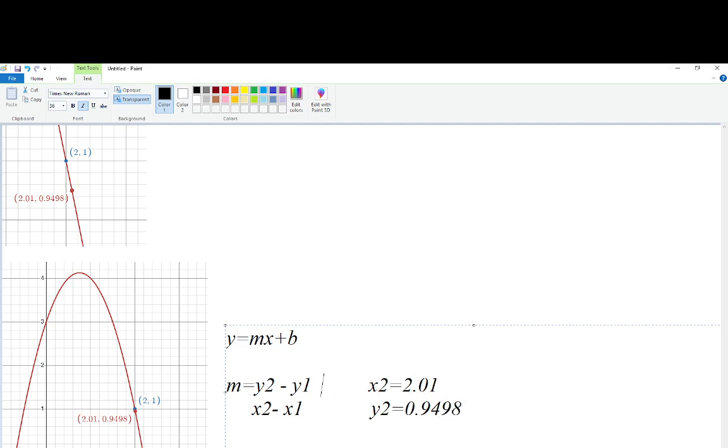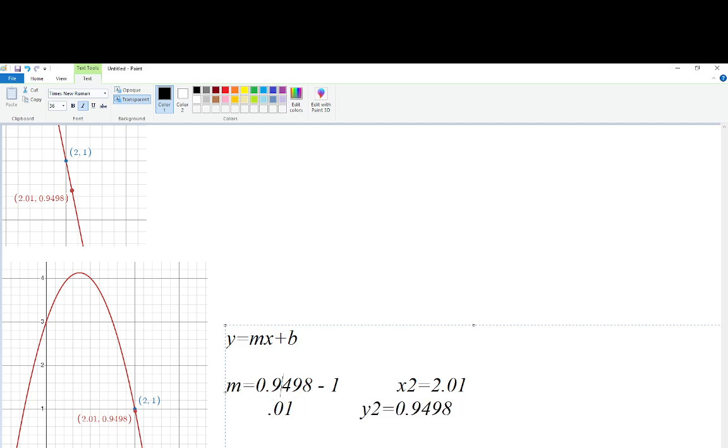And then, of course, my y1 is still the 1, and my x1 is still the 2. So we're getting 0.9498 minus 1 for this one. And down below, we're getting 2.01 minus 2. Notice that it ends up being the number that we added to the 2.